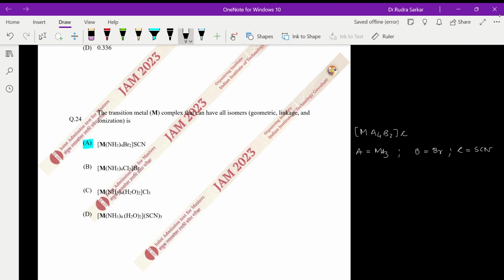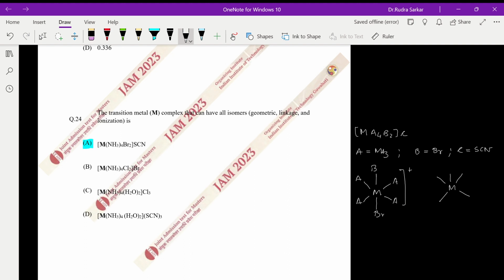So for geometrical isomerism, the options will look something like this. Because SCN is unipositive, the complex will be positively charged.